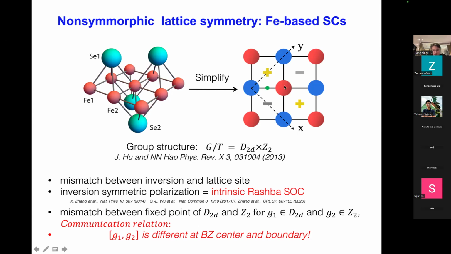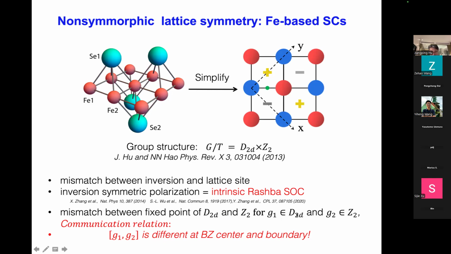Okay, not at the iron itself. So you have two groups, one called D2D plus Z2. Z2 is exactly the parity. Okay, so you have this two group, a direct product to each other.